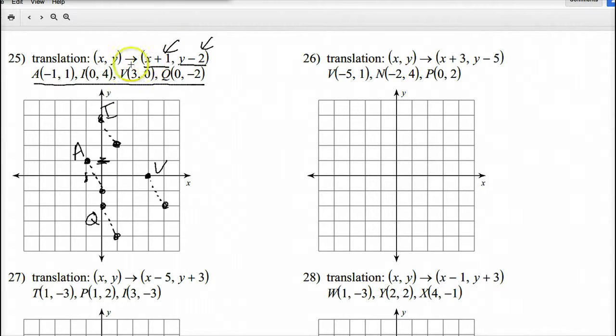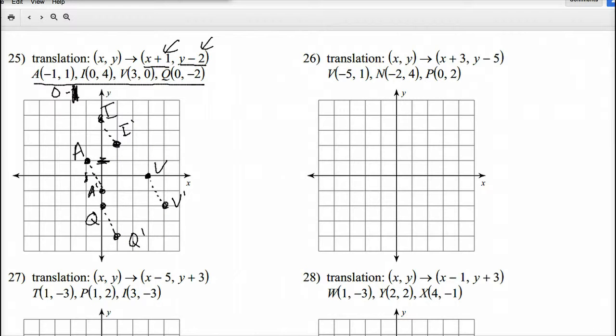I'm going to add 1 to that X, which makes it 0, and subtract 2 from the Y, which makes that negative 2. Move 1 in the X and down 2. Oh, no, wait. That would be negative 1. Pardon me. That's how we get this part right here, A prime. And this here is I prime, and V prime, and Q prime.